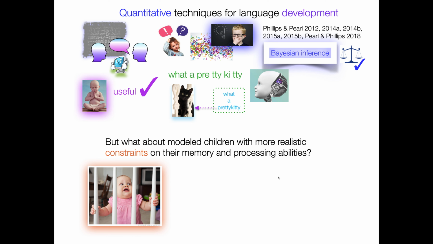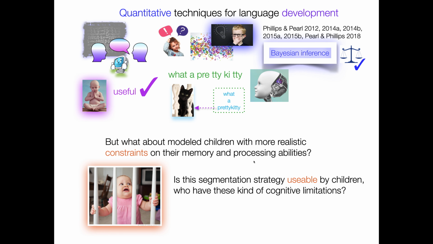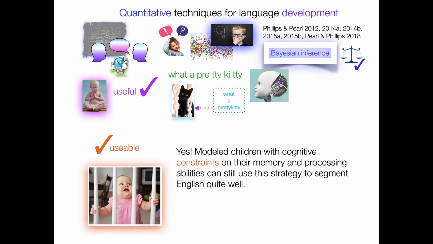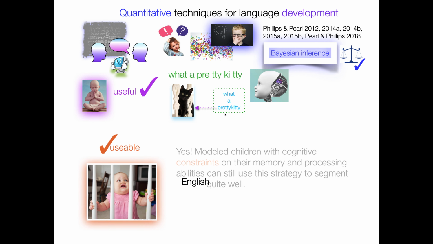Can they still use this strategy to get pretty good lexicons? Is the segmentation strategy usable by children who have these kind of cognitive limitations? And the answer is yes. Model children with cognitive constraints on memory and processing can still use this strategy to segment English pretty darn well, which is great.